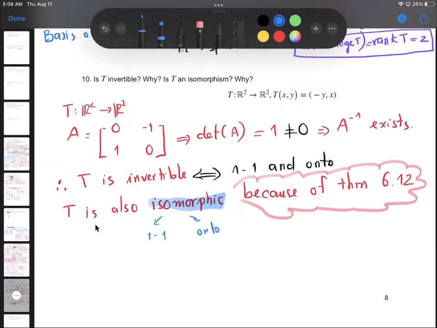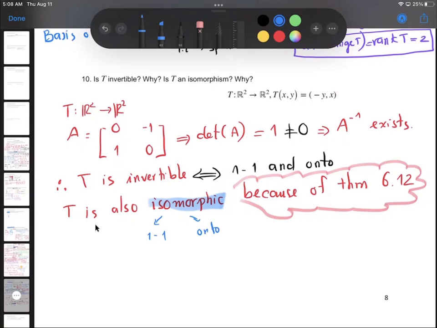Okay, number 11, determine whether the linear transformation T from R3 to R2 represented by the matrix A is 1-to-1, onto, or neither. Then explain why. All right, so let's check 1-to-1 first. I denote 1-to-1 in red here, onto will be blue.